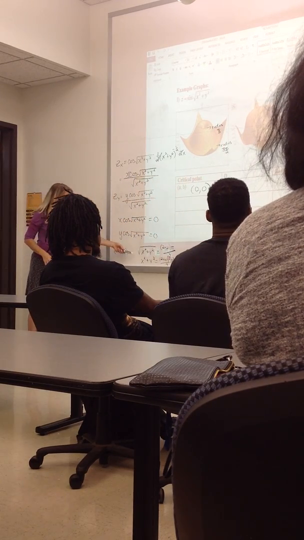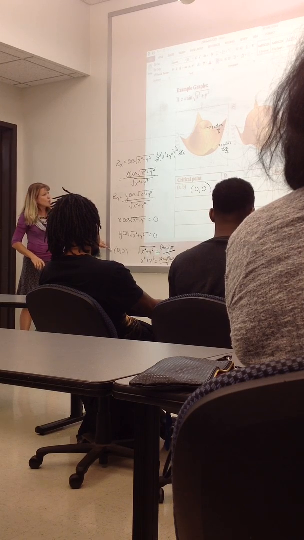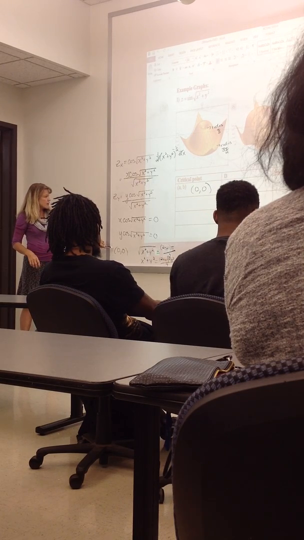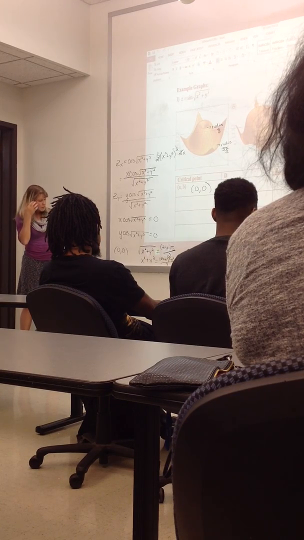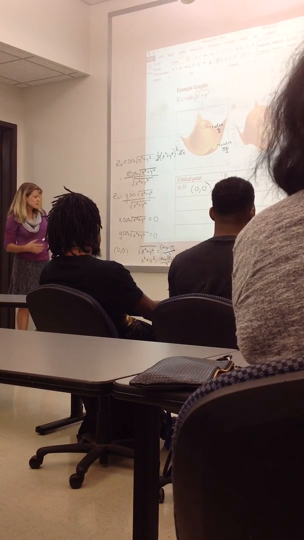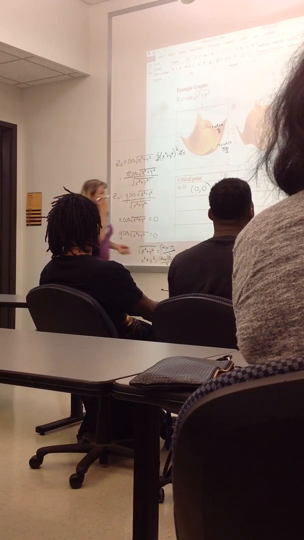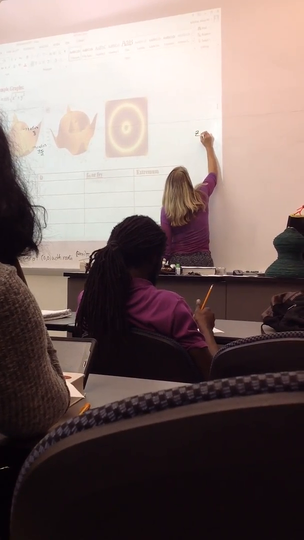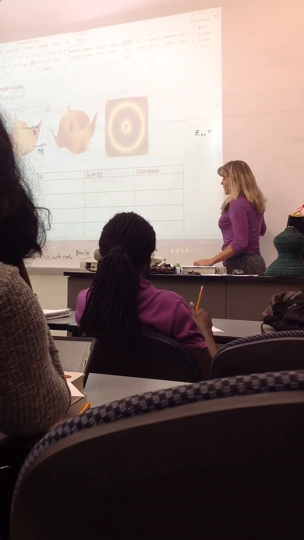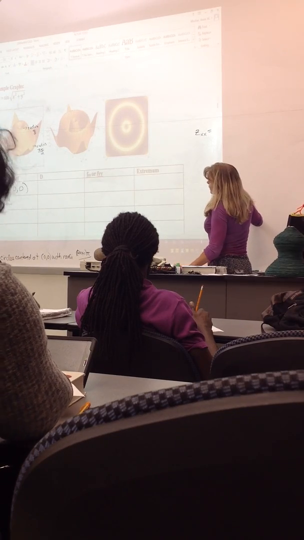All right, I'll get back to this, but let's go through the motions of verifying that this is a minimum. We can see from the graph it's a minimum, but let's go through the process to show that it is. That means I need to calculate D, and in order to calculate D, I need to find my second derivatives.